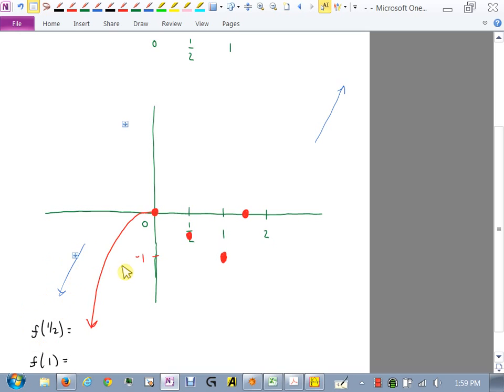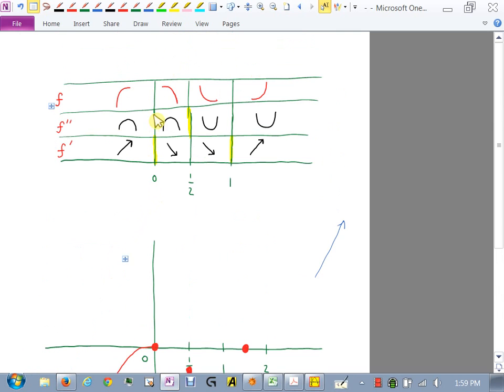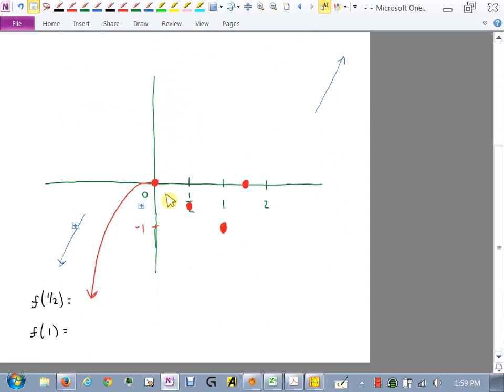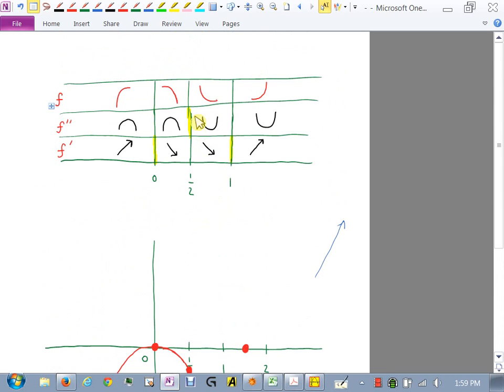Yes. Now, between 0 and 1/2, I'm going to look like the right side of a frown. And that means I've got to connect this point to this point, right? With the right side of a frown. Is that all right? And then from this point to this point, I have to look like the left side of a smile.